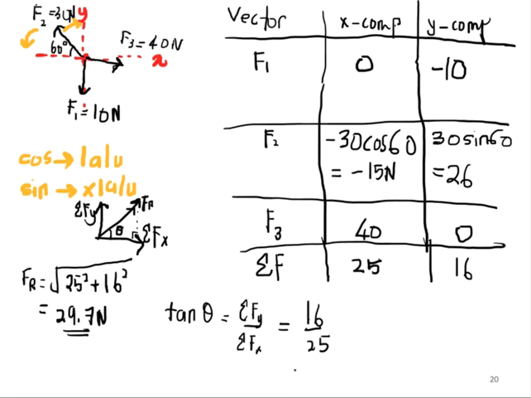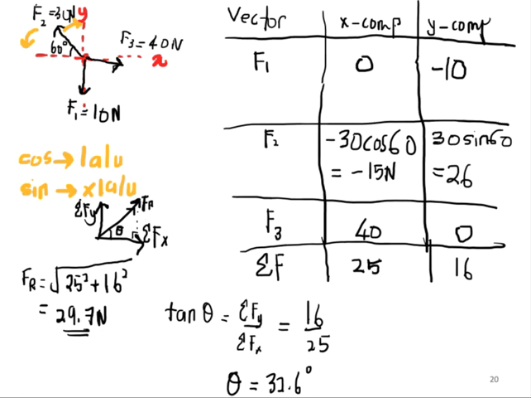So theta equals arctangent of 16 over 25, and you will get 32.6 degrees. Once you obtain the value of the direction angle, you have to mention the location of the angle.